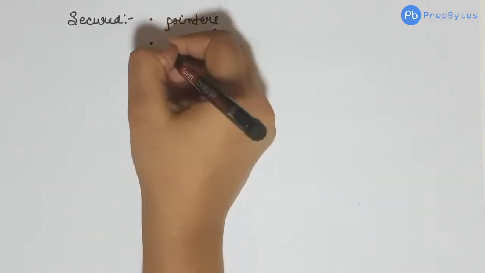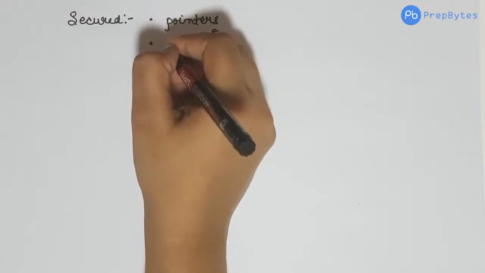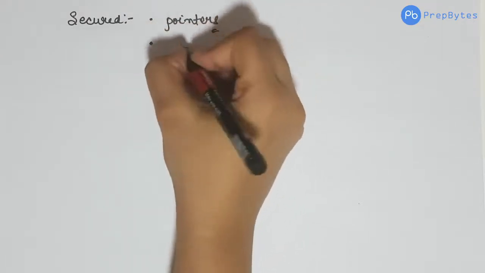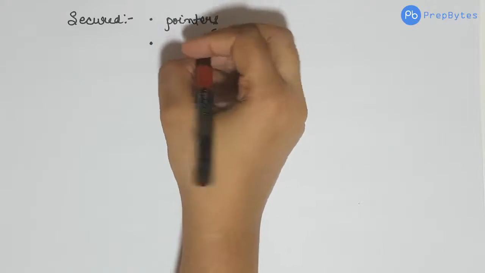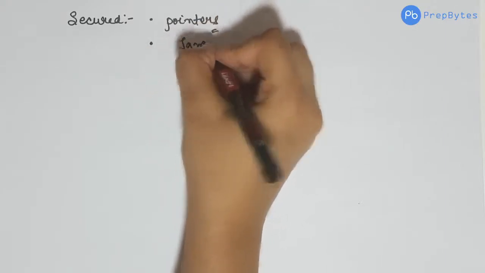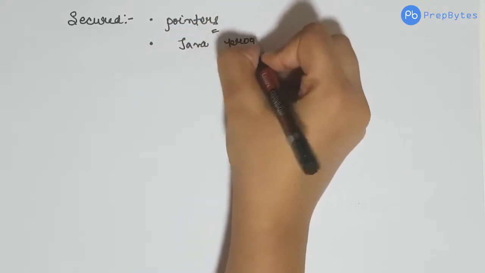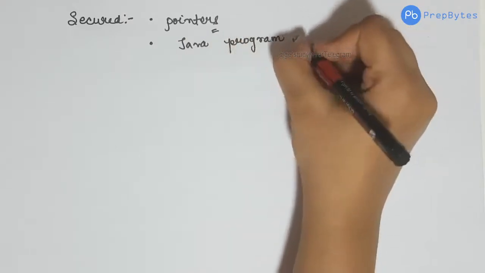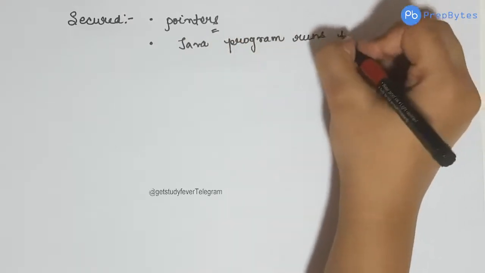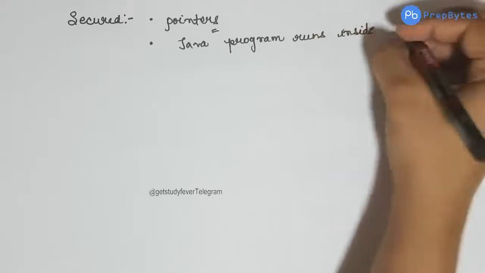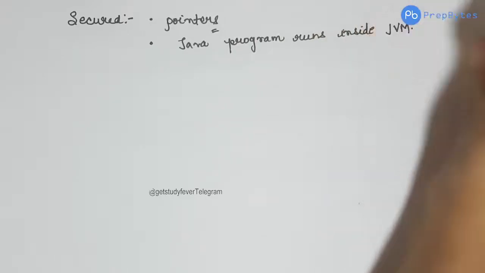Next point is, why is Java secure? Because a Java program runs inside the Java virtual machine.